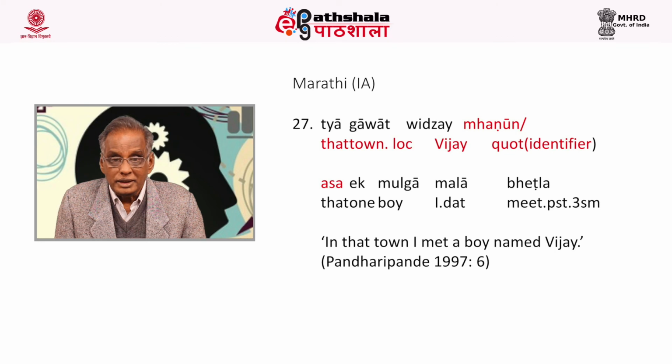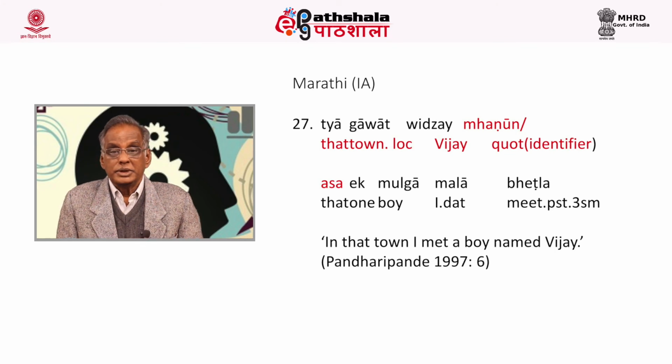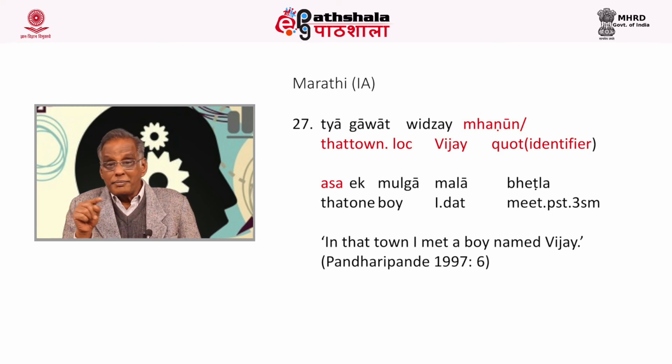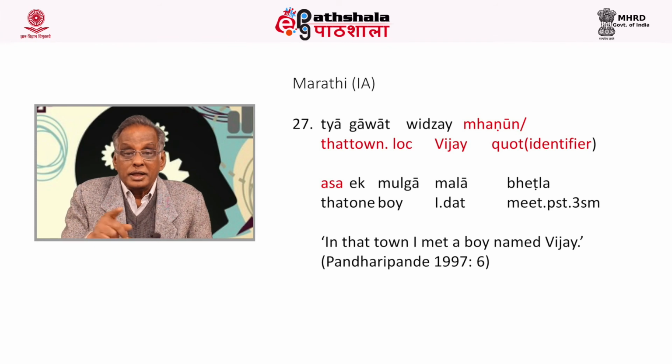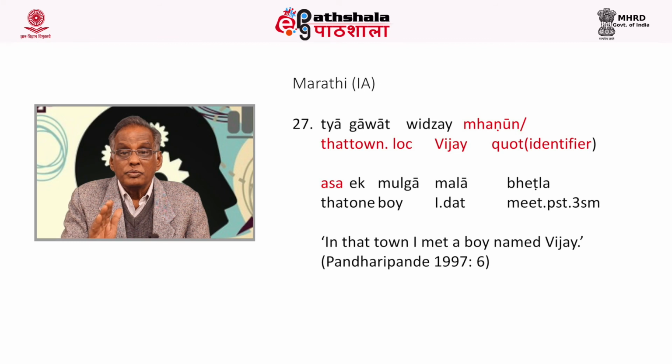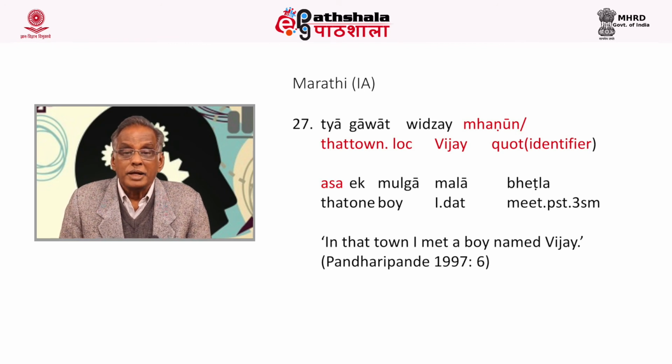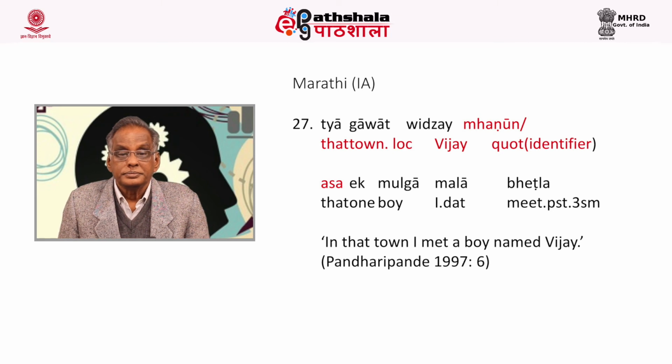That town in, that is in that town, Vijay म्हणून. म्हणून in English, see, a boy named Vijay. Named occurs to the left of the noun Vijay. But as one would expect, the quotative occurs to the right. So Vijay म्हणून असा एक मुलगा मला भेटला. In that town, I met a boy named Vijay.